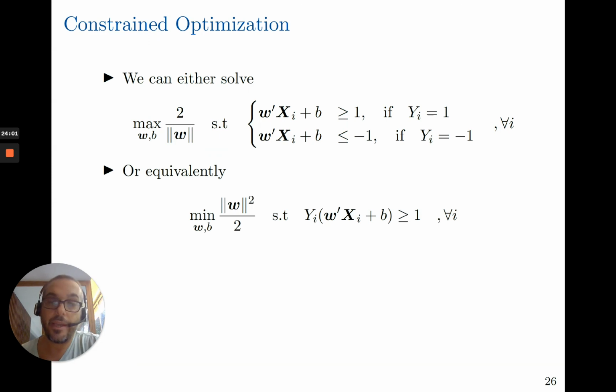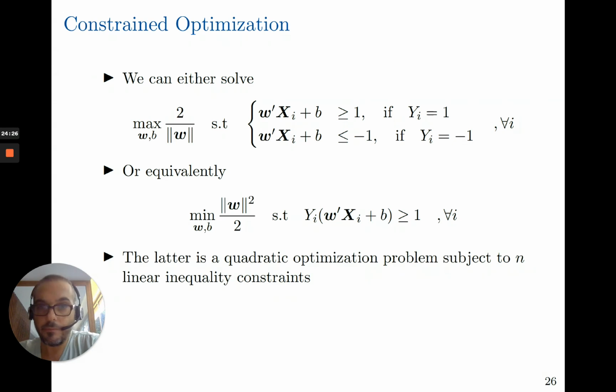Or we can write this in another form, like minimizing the inverse of the margin subject to the constraint that y(wx plus b) should be larger than or equal to 1.